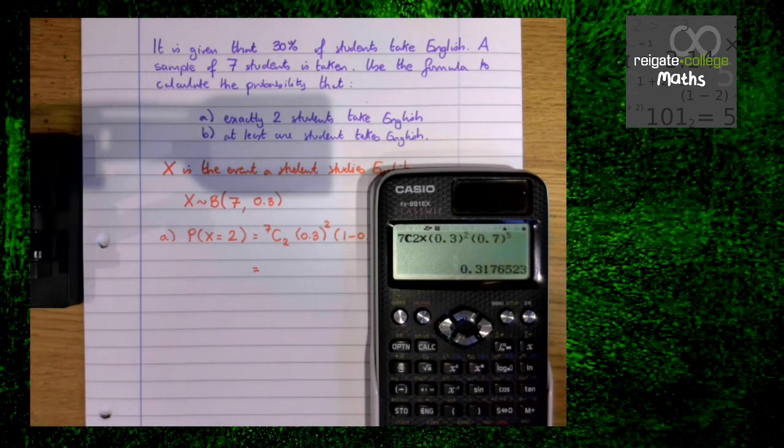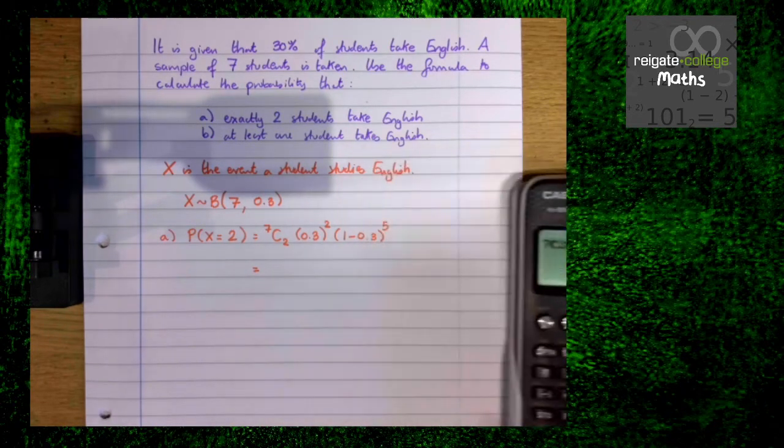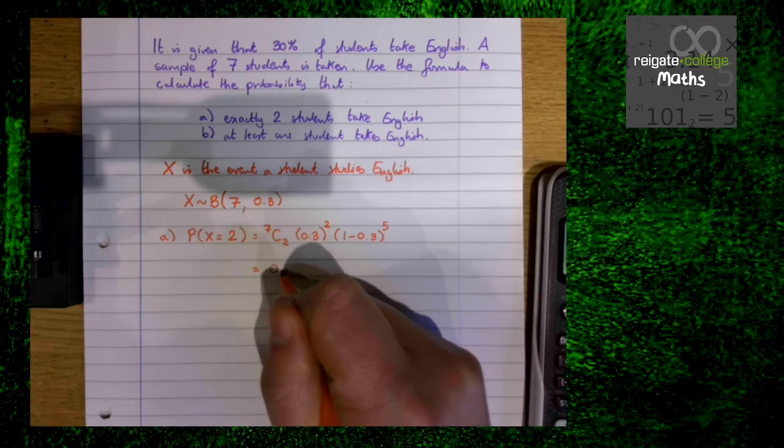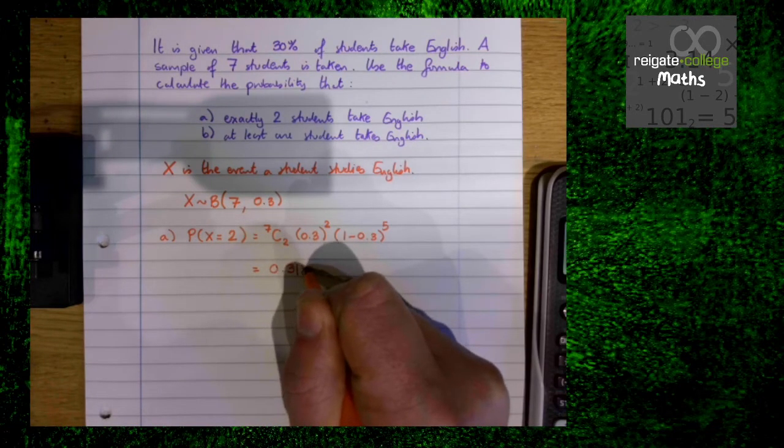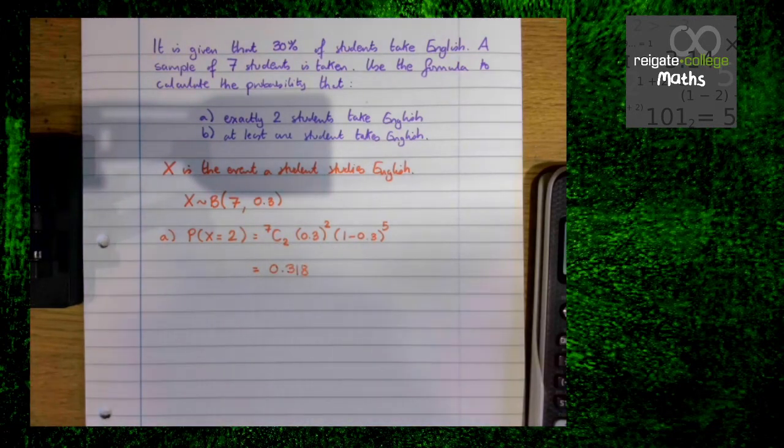And now it gives us the right answer. So that's what I mean by be careful with how you type things in. So we can see here that the probability of having exactly 2 students taking English is about 31%, 31.8%, so 0.318. We write it as a decimal, we don't write it as percentages unless you're asked to.